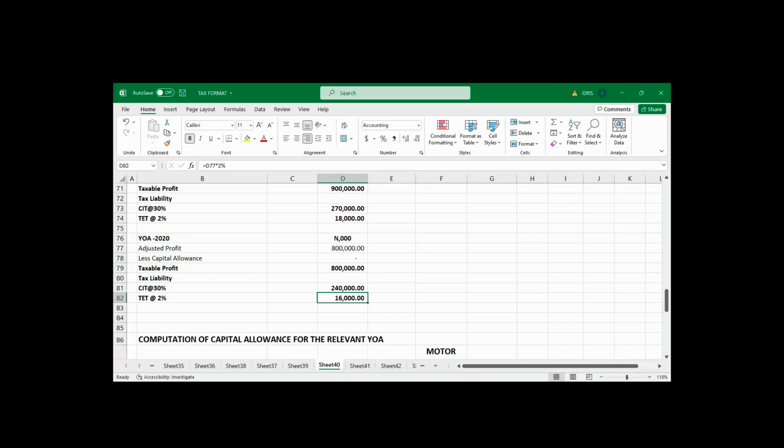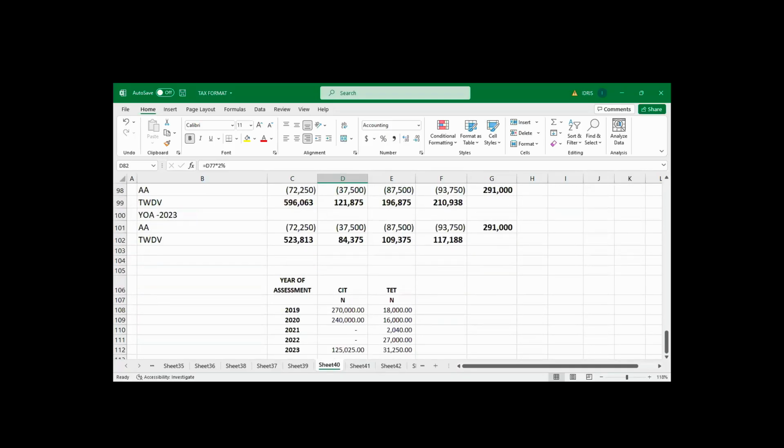So what you do is the summary of the tax liability. In the 2019 year of assessment, you pay CIT on the non-pioneer product, 270,000, and TET, 18,000. While in 2020, you still pay CIT on non-pioneer product, 240,000, and 16,000 TET.